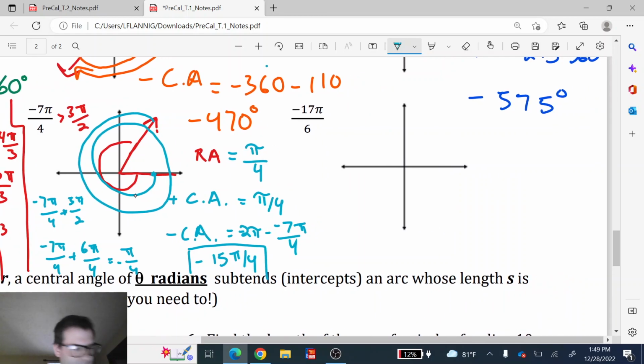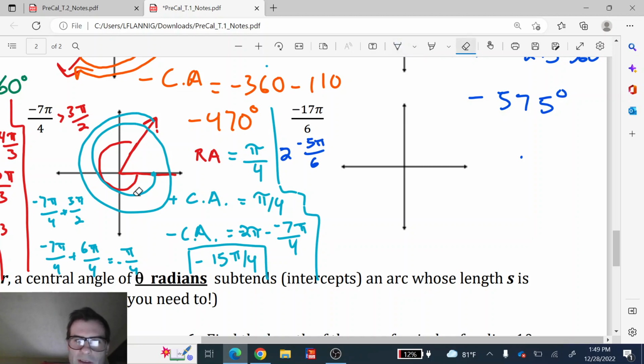And then the last one, I'll cross this out, we have negative 17 pi over 6. If you change that up, that can look like 2 full times around, because if you think about it, you could change this to 2 and negative 5 pi over 6.